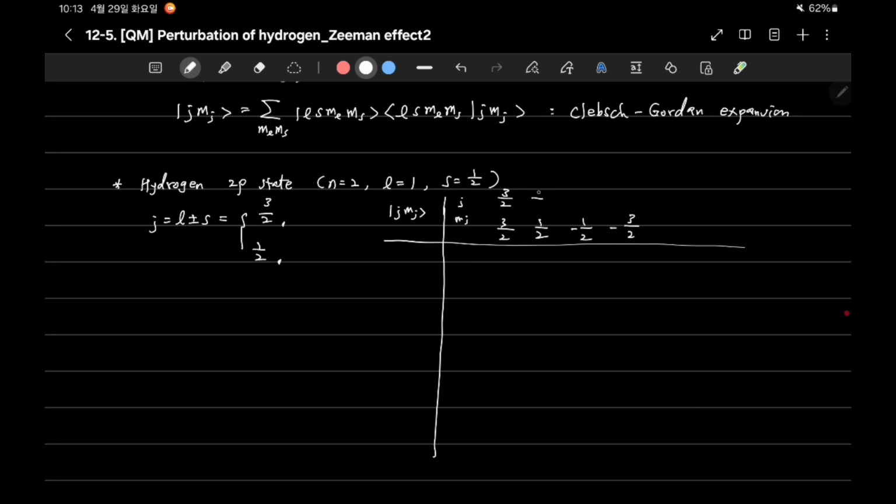That is the case for J equal to 3/2. Another case is J equal to 1/2, and there are two possibilities, 1/2 and minus 1/2.